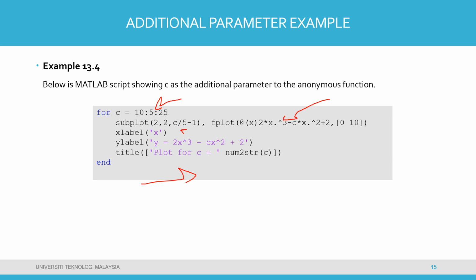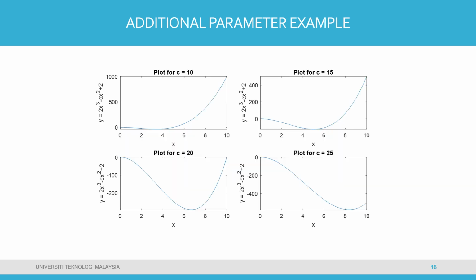You can copy it and try to run this in your Matlab. You can see here, you will produce 4 results based on the same function, but in that function c is a different value. Okay, this is the c. That is how you create a function with an additional parameter.